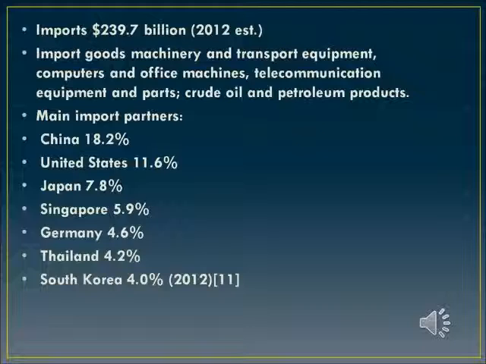Imports: $2,300.7 billion. Import goods: machinery and transport equipment, computers and office machines, telecommunication equipment and parts, crude oil and petroleum products.